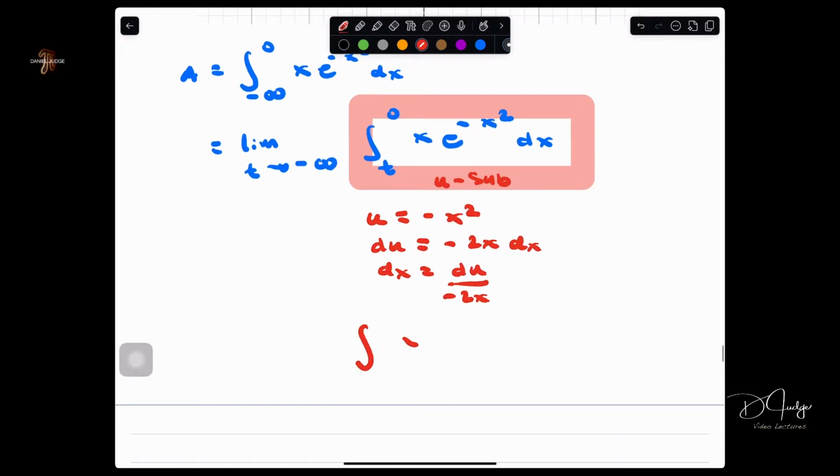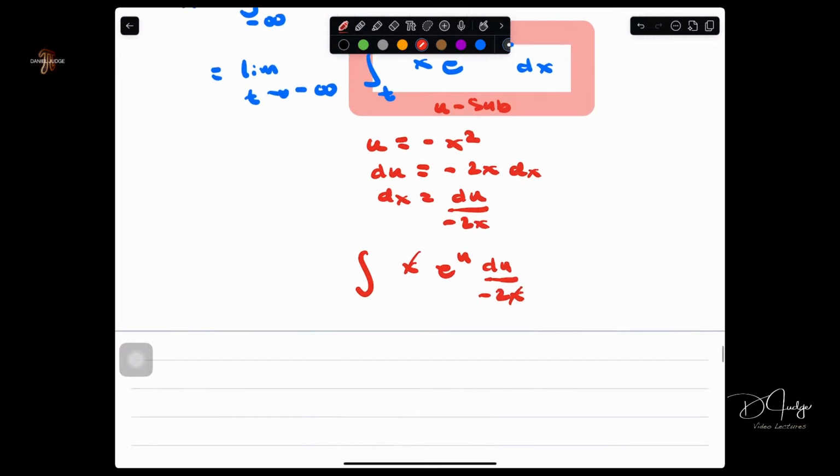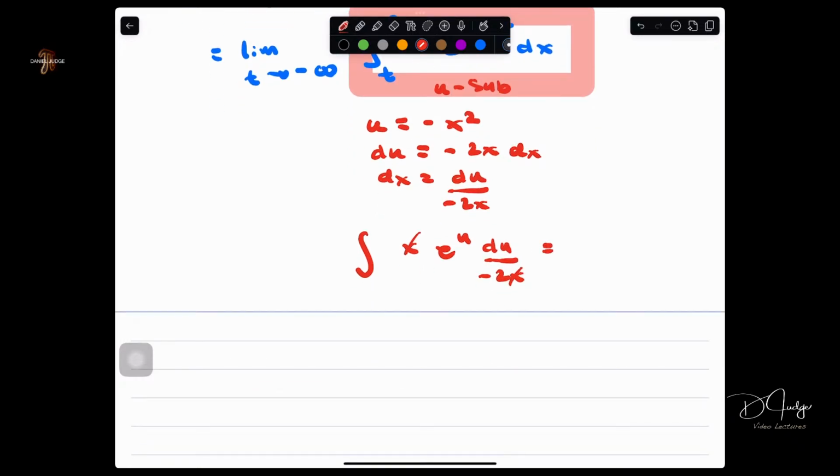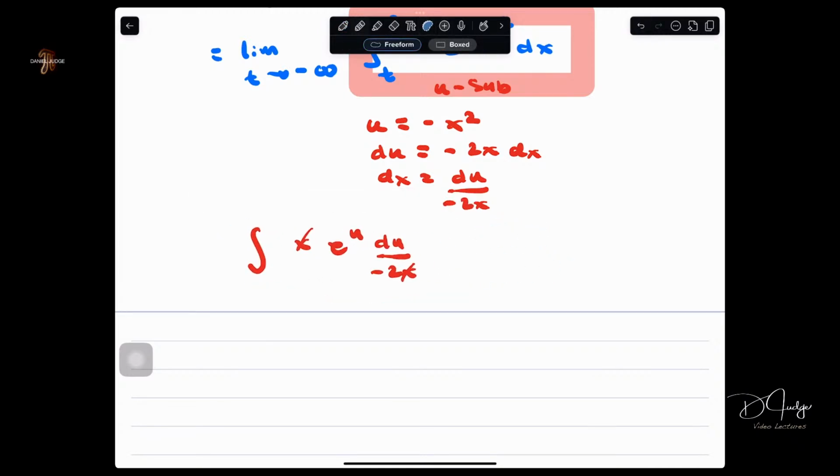So we're going to integrate by u sub. And the x cancels, so we get this equal to the integral of e to the u du over the negative 2, but we're going to pull out that constant.